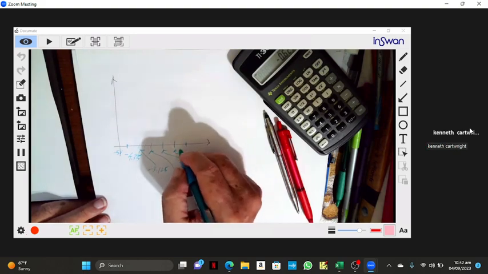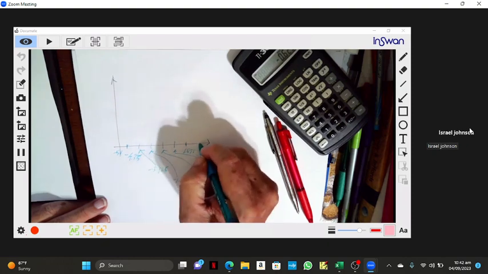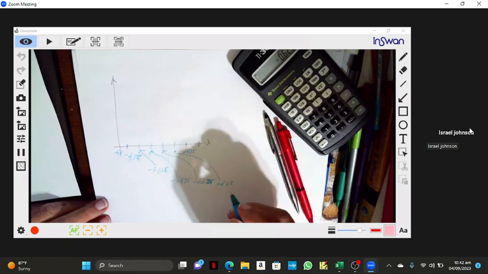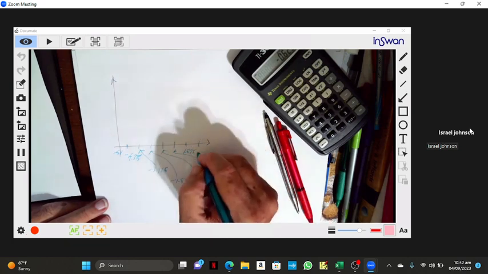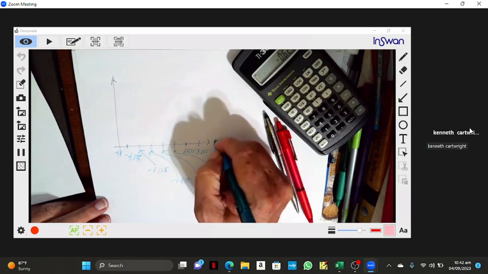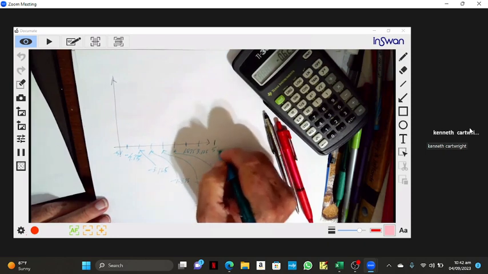And it's what? 1.875. Positive 1.875. And then after that, you have 3.125. And then it's 5 volts.